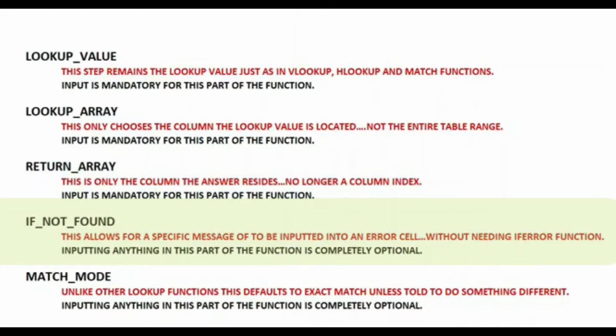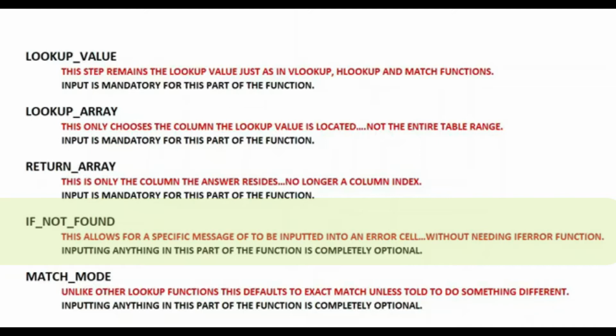If not found is optional. All this does is allows you to put a message in case there's an error that comes back. And if the error comes back, if you have something in here, you can easily identify.